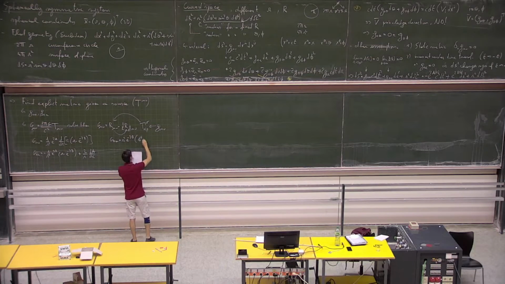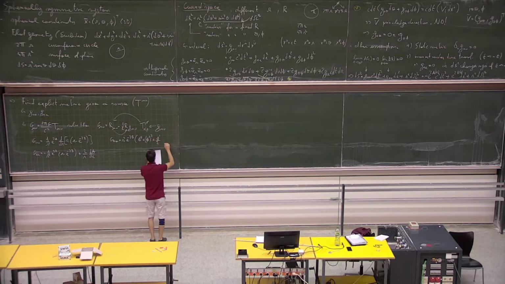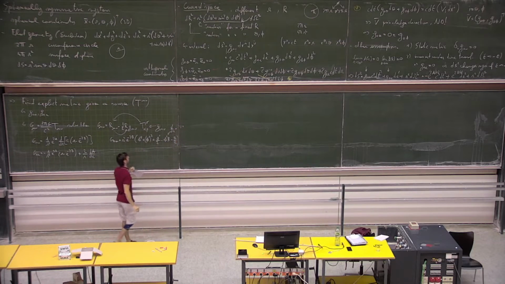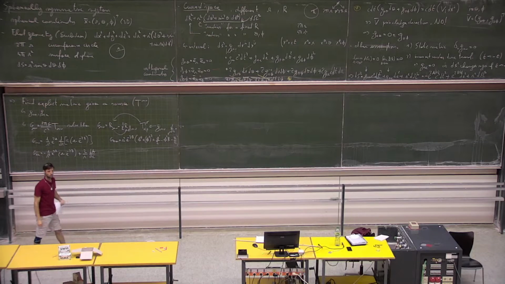I'm telling you what prime is in a moment: with prime, I mean d over dr, the derivative with respect to the variable r.